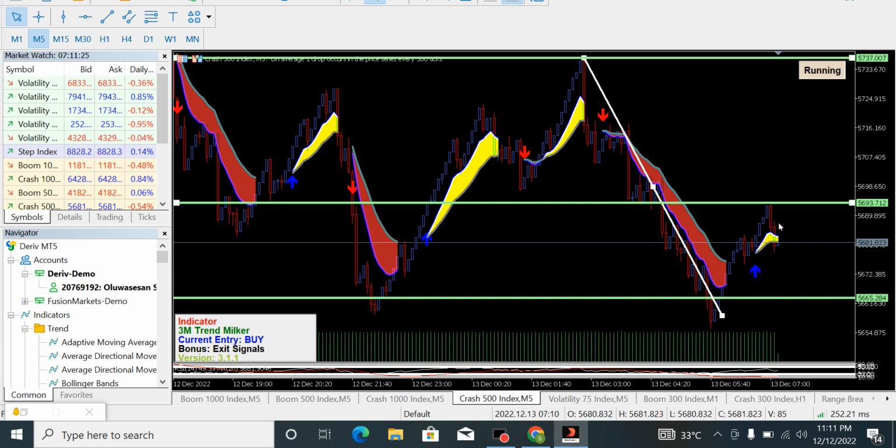Once you know all this, then you will be able to milk the market successfully. So you can go back to your chart and try to identify the downtrend period and focus on the resistance zone to trade the spiky part. That is for crash. But for boom, focus more on the uptrend period, and also try to identify the support zone in order to trade the spikes.